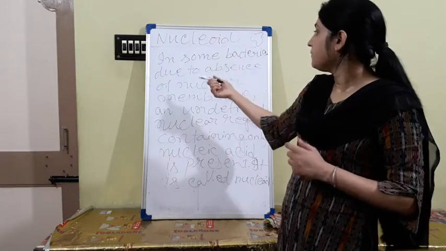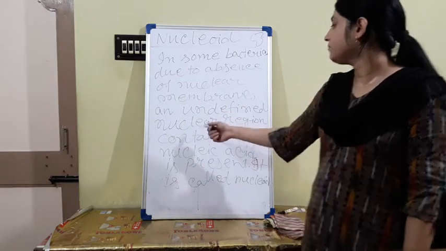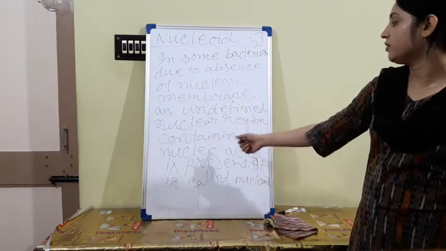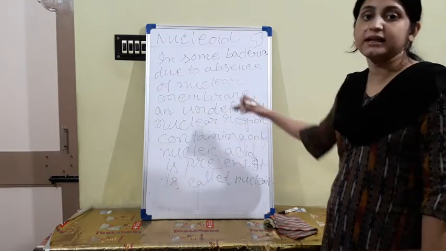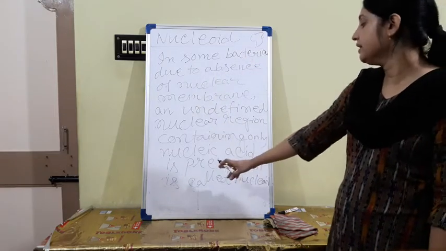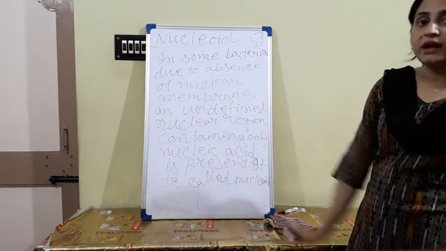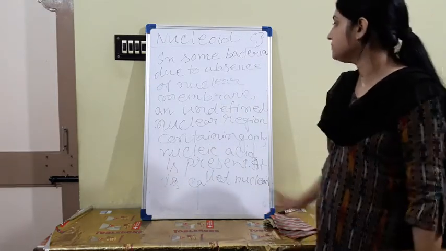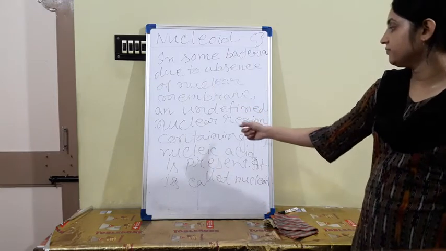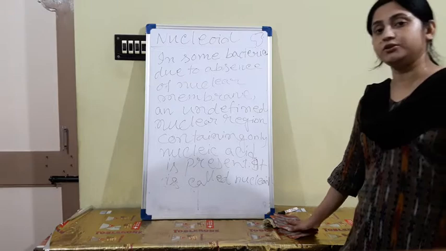So in some bacteria, due to absence of nuclear membrane and an undefined nuclear region containing only nucleic acid, maybe DNA, maybe chromosome, chromatin, anything that is nucleic acid, it is called nucleoid. That is found in bacteria.